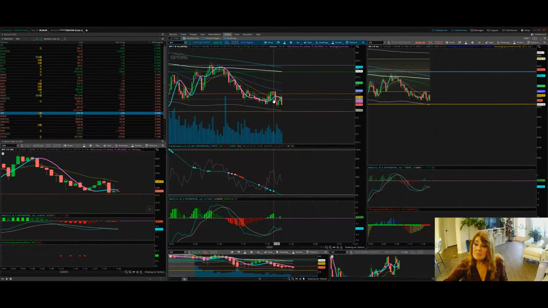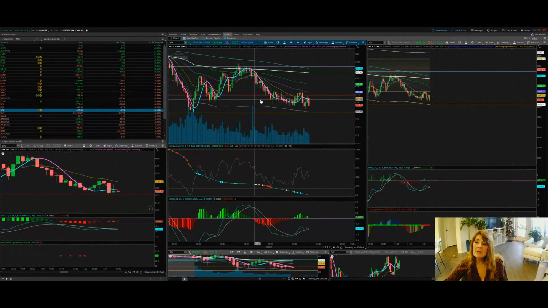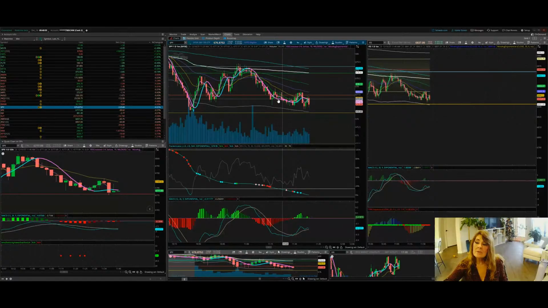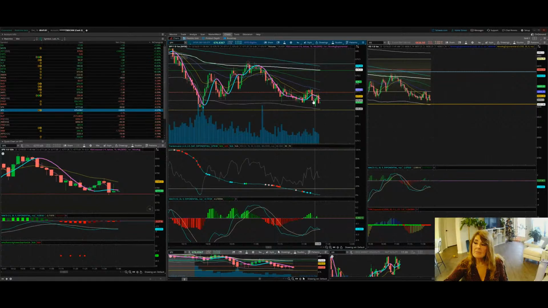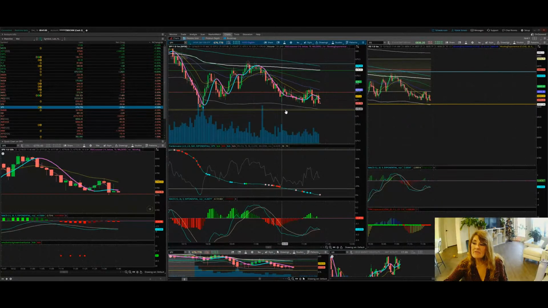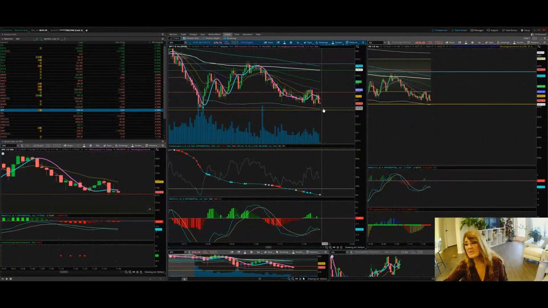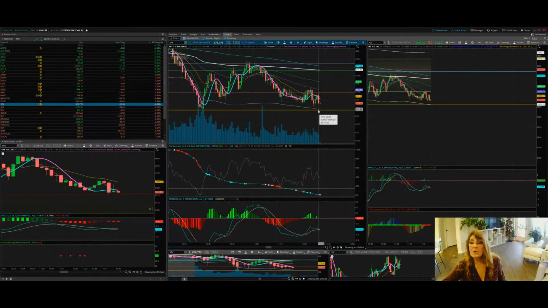Back down. So starting to look like we might be building a downward range right in this area. Just holding this area. And just like we said, we've got the put wall sitting at 675. We've got the overnight low sitting at 676 on the SPY. I don't think we're going to get too much lower than that.